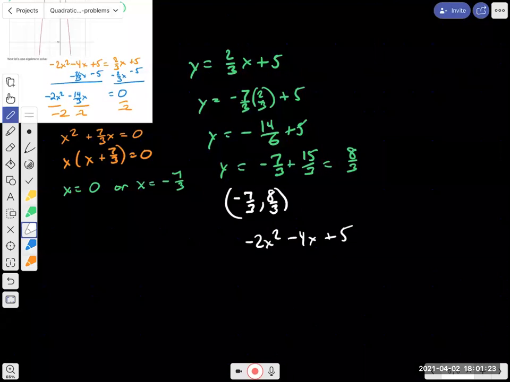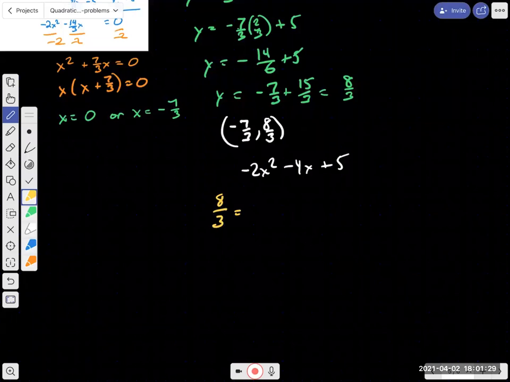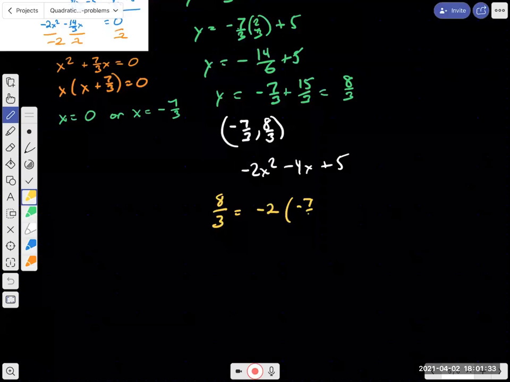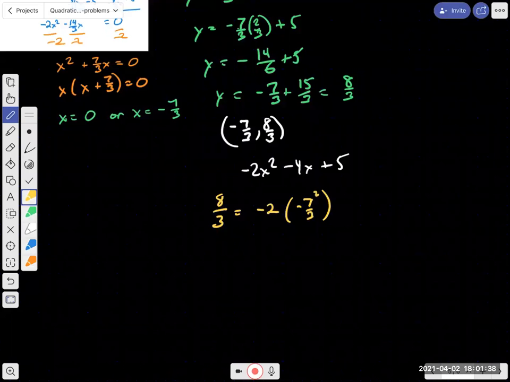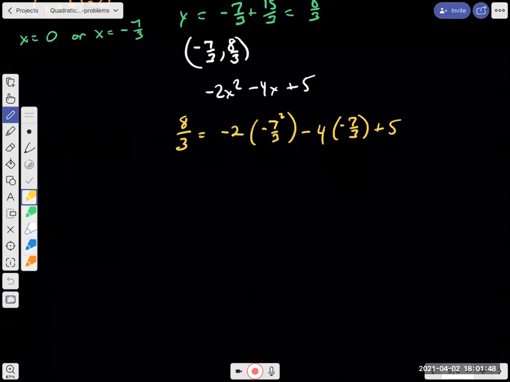So if this is true, then 8/3 equals minus 2 times minus 7/3 quantity squared, minus 4 times minus 7/3 plus 5. Okay, and you look at that and say, well, maybe, I'm not sure.